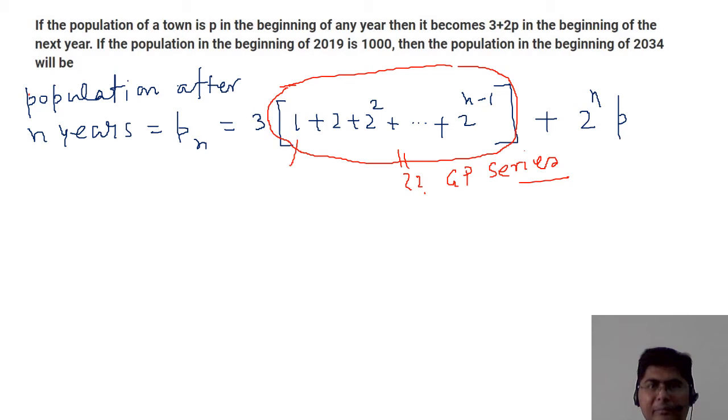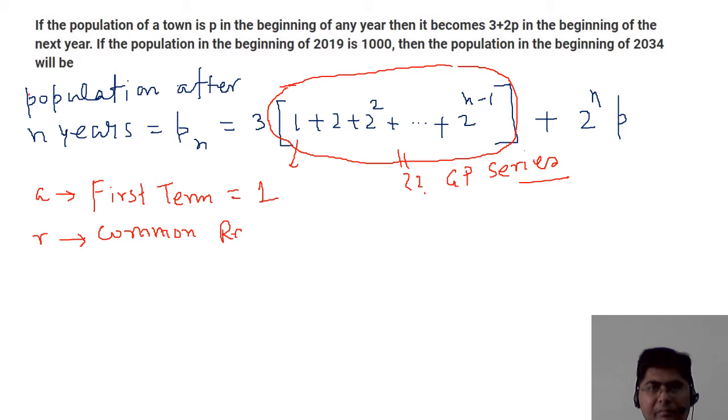So here look at A, first term, which equals 1, and R, common ratio, which is equal to how much? See, it will be 2. 1 multiplied by 2, 2 multiplied by 2 square. So it will be 2, which is greater than 1.